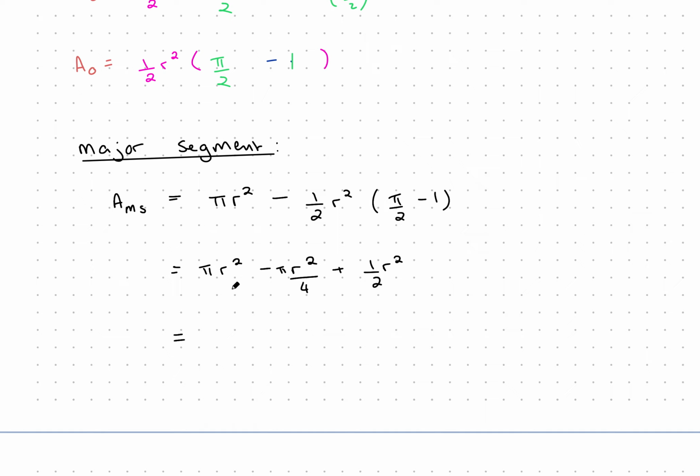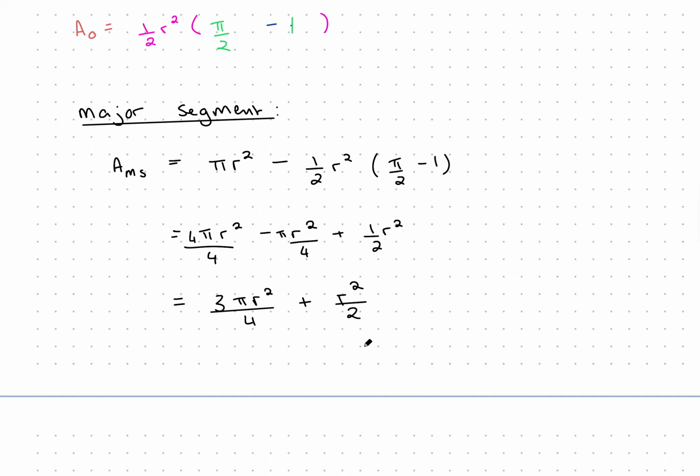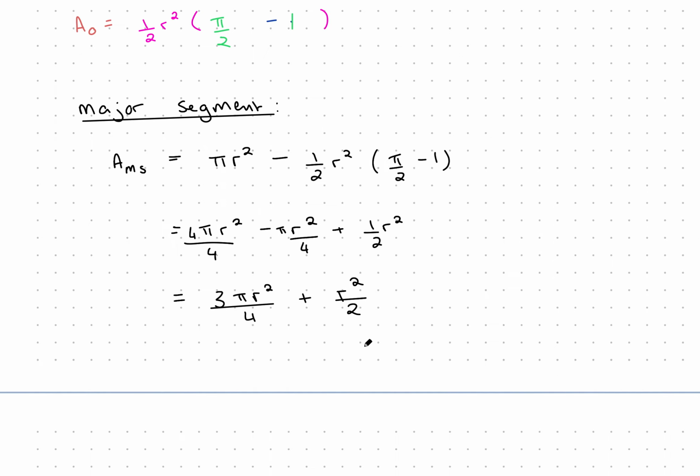This is one whole thing, and this is a quarter of that whole thing. So I'm going to make this 4 quarters. I'm allowed to do that so long as I keep the same value overall. It's 4 quarters take away 1 quarter, so I'm left with 3 pi r squared over 4. And then plus, I'm going to change this one to r squared over 2. So that's our major segment.